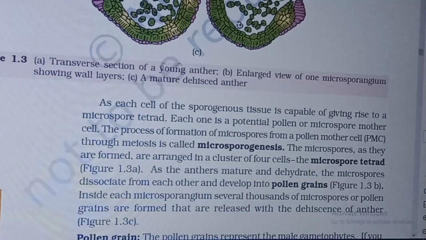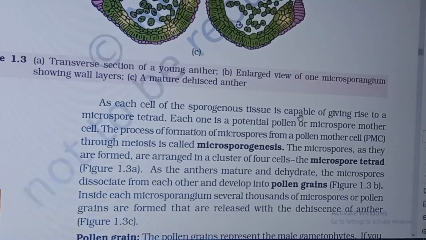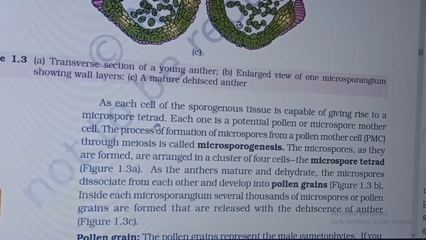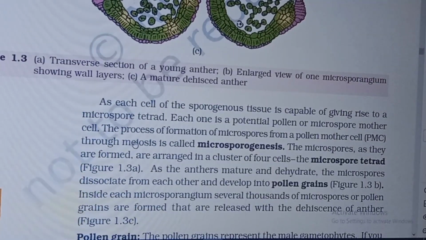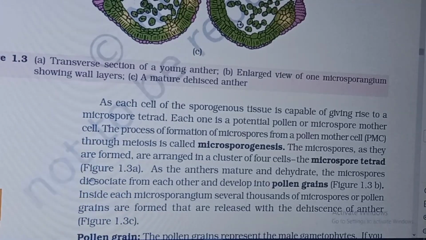Each cell of the sporogenous tissue is capable of giving rise to a microspore tetrad. Each one is a potential pollen or microspore mother cell, the MMC. The process of formation of microspores from a pollen mother cell through meiosis is called microsporogenesis.